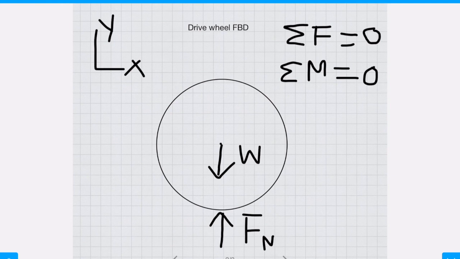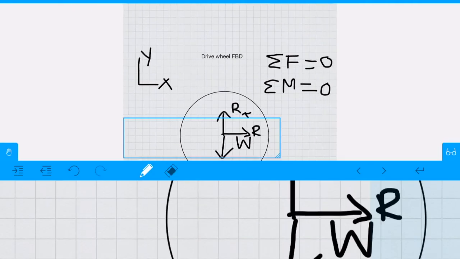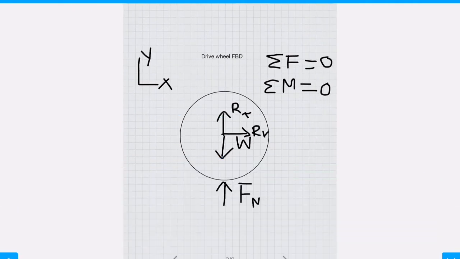And then, since this center point is usually the connection point between the wheel and the rest of the OSV, there are two reaction forces that we're going to assume to be in the positive direction that basically just connect the wheel to the rest of the OSV, which is obviously important.